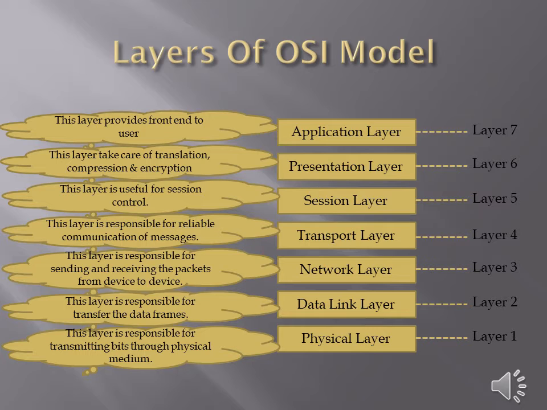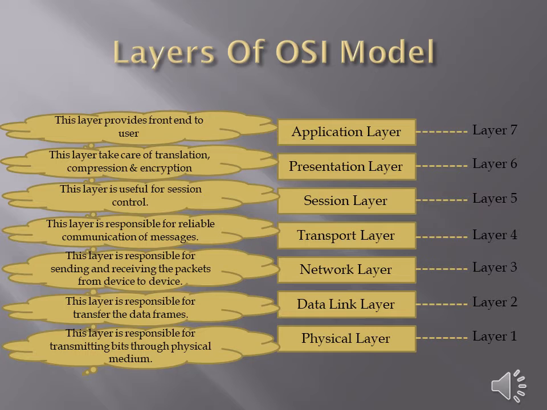Each layer has different functions and different processing. Application layer: this layer provides the front end to the user. Presentation layer: this layer takes care of translation, compression, and encryption. Session layer: this layer is useful for session control.